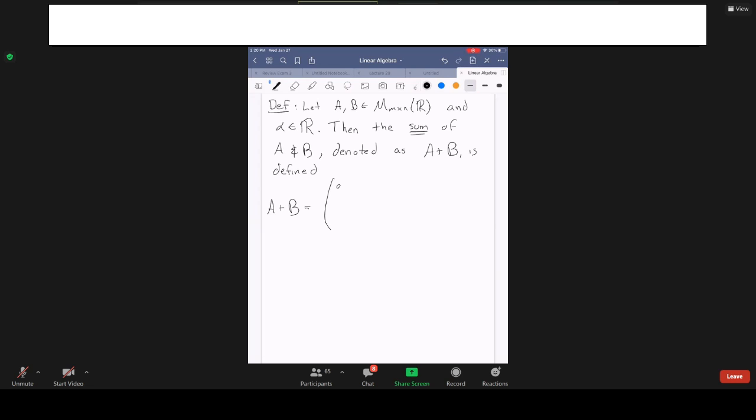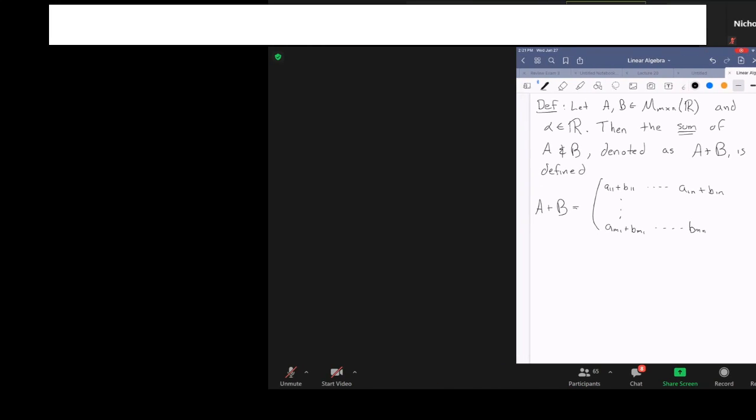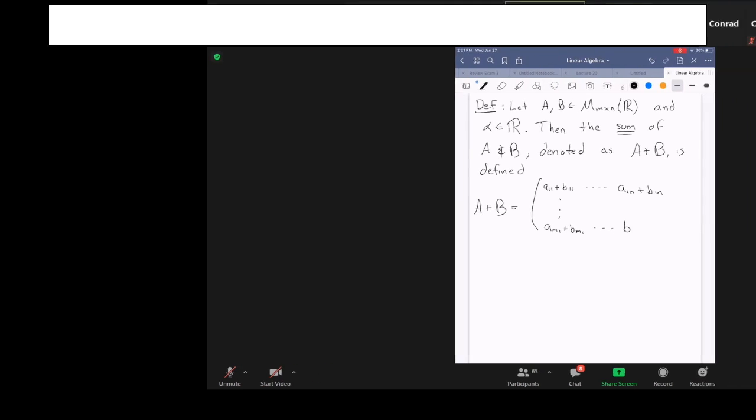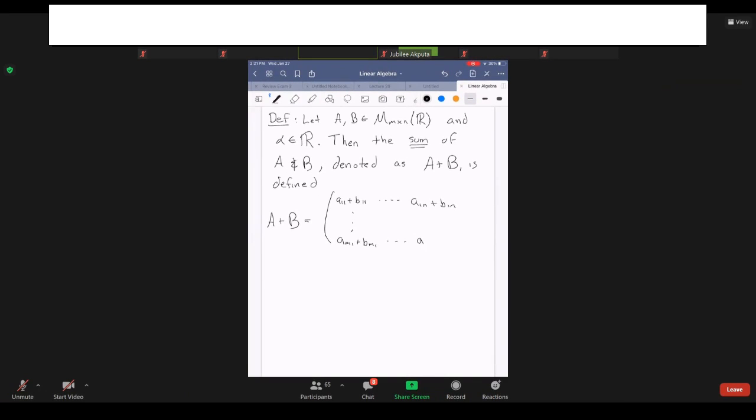So like A11 plus B11 all the way to A1n plus B1n, all the way to An1 plus Bn1, all the way to, so B or A, whatever, real numbers commute anyway, so like this, okay?